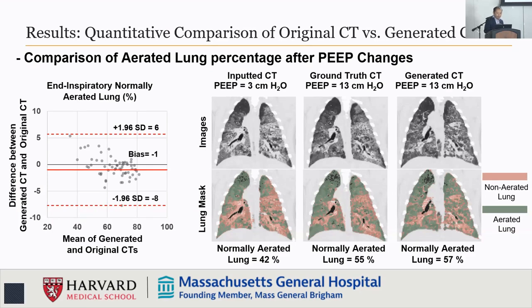The original lung has about 42% closed. You can easily calculate this from the original images. And for the high pressure, which is pretty high pressure from a mechanical ventilator, the original lung is 55%, and what we estimate is 57%.